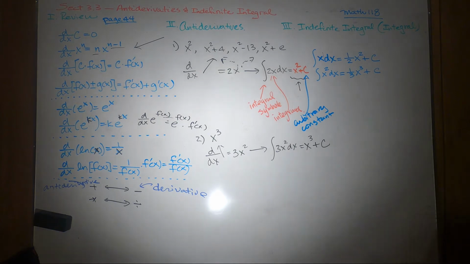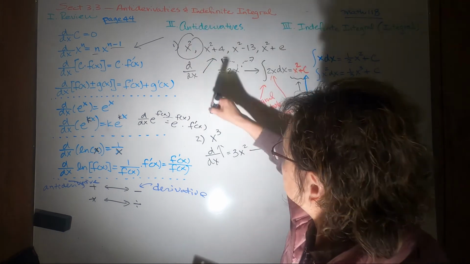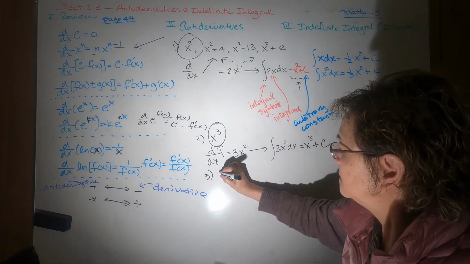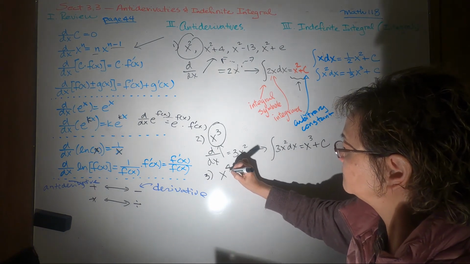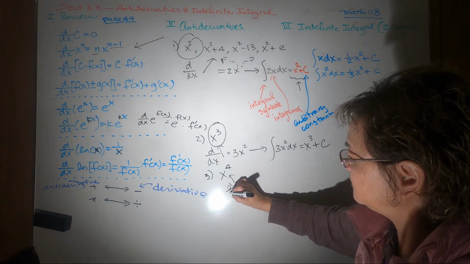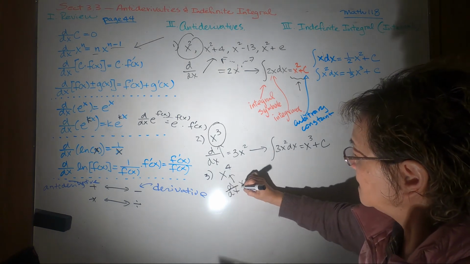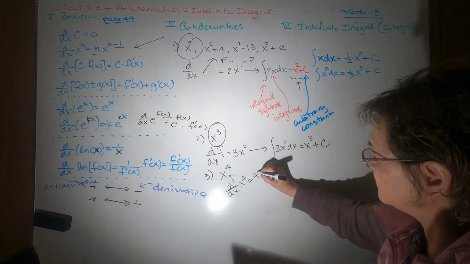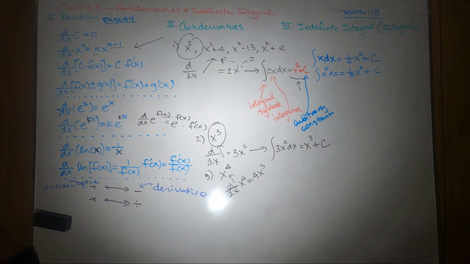Okay, so we are checking all the basic polynomials for x squared, x cubed, how about x fourth power? Then you take an antiderivative of that, x fourth, that would be what? You take a derivative of that, would be this, right?